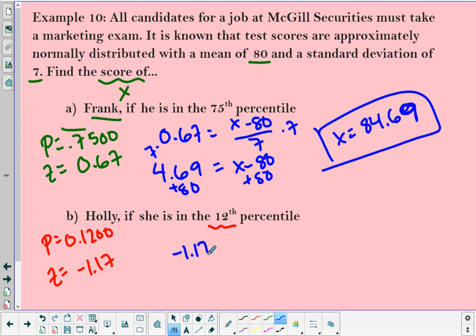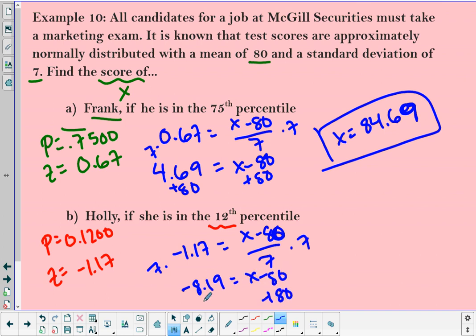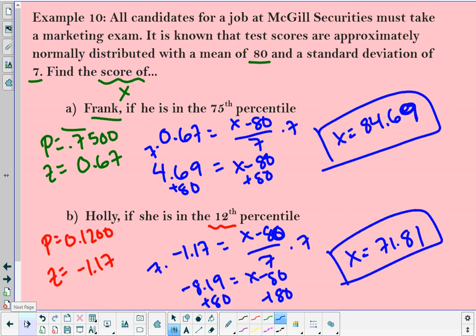Negative 1.17 is equal to x minus 80, all divided by 7. Multiply by the 7. I get negative 8.19 is equal to x minus 80. Add your 80. So Holly's score was 71.81 to be in the 12th percentile.